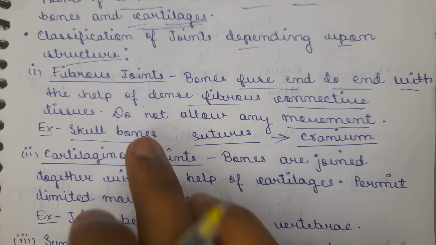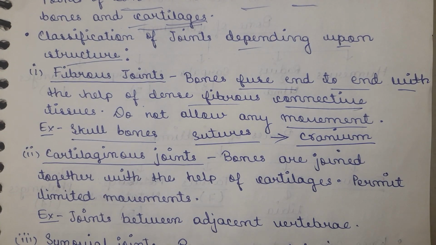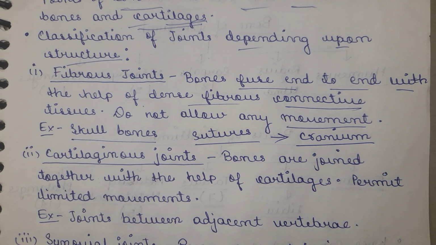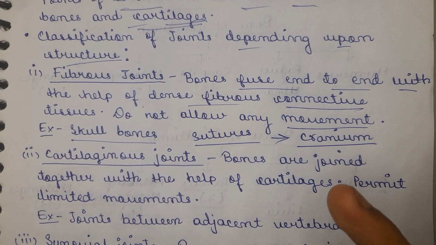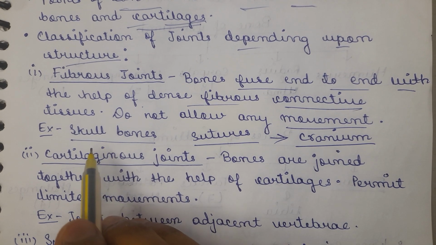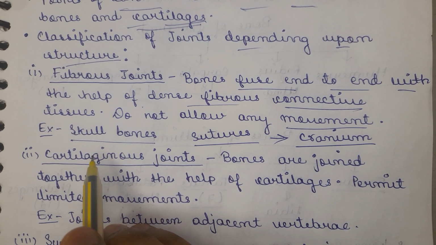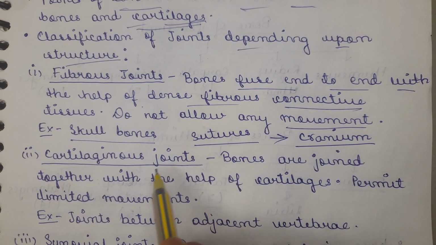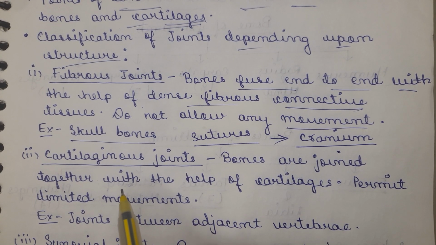So the fibrous joints are the bones that fuse end to end with the help of dense fibrous connective tissue, and these do not allow any movement. For example, the bones in your skull on your head do not move from their own position. So that's why they are called fibrous joints.